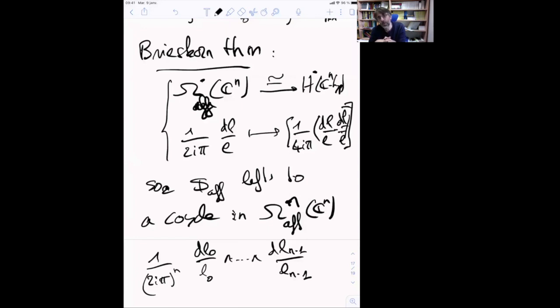It's really a Brieskorn theorem, and in fact it was done in the thesis of Clément Dupont, who proved more about the Brieskorn theorem. He considers natural meromorphic forms associated to a hyperplane arrangement in a very general setting.